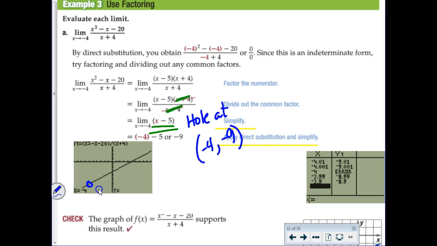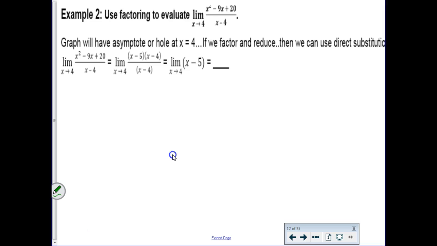So that's why algebraically we couldn't just directly substitute. But now I could. So the remaining line, if I just pretend it's this line now instead of that rational function, now I can go ahead and evaluate the limit as x goes to -4. So that's what they did over here. So they got, what do you know, -9. It's approaching the hole that we found.